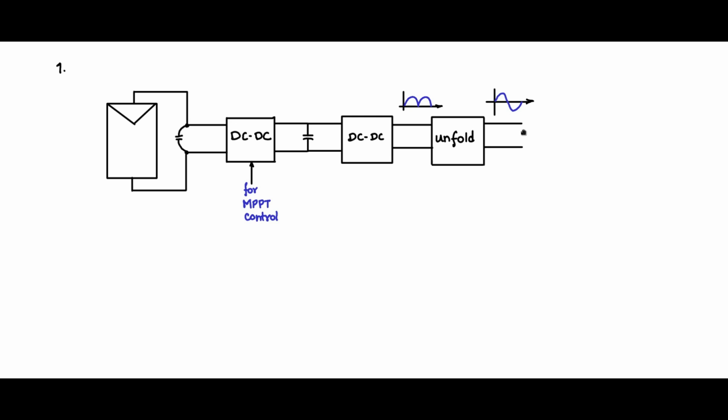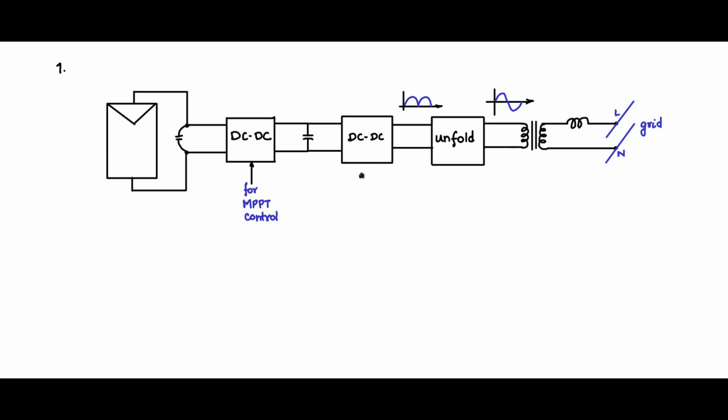Now this sine wave will be passed through an isolation, transformer isolation, low frequency, because this is now at 50 Hertz. So you will use a low frequency transformer isolator, and the output of that is going through an inductor, and that will get connected to line and neutral of the grid.